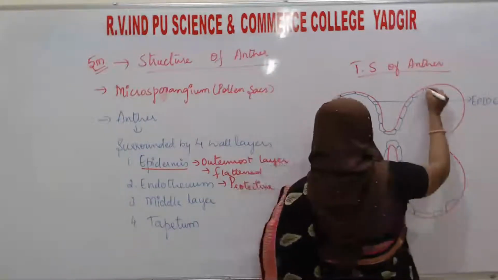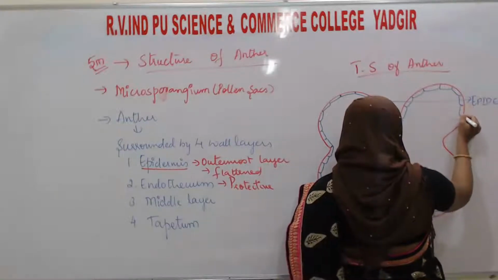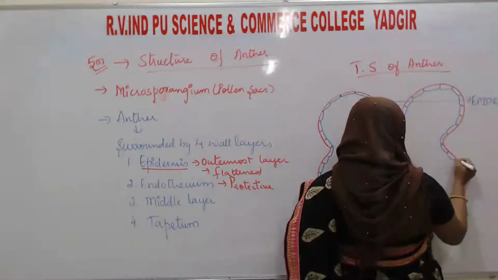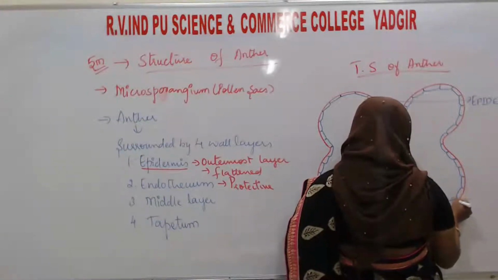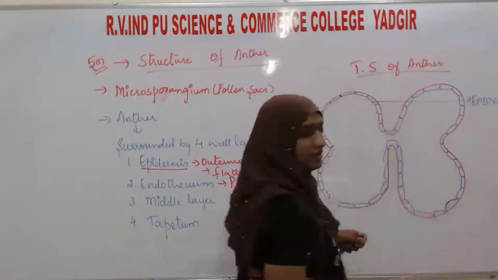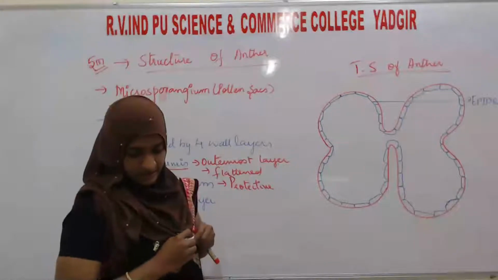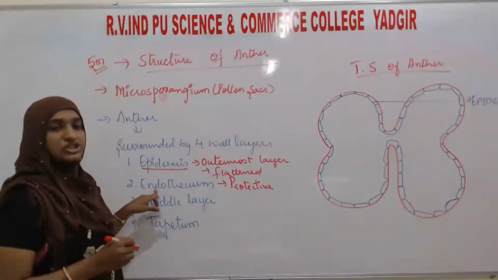And next, the second layer, just below the epidermis layer, there will be the presence of a layer in which the cells are somewhat elongated and larger cells which are arranged radially. How are they arranged? They are arranged radially. See here, this is the endothelium layer.